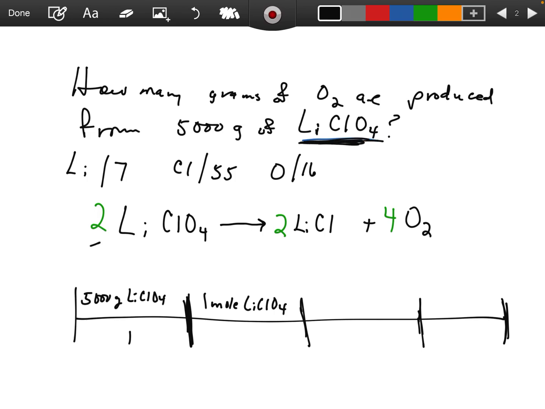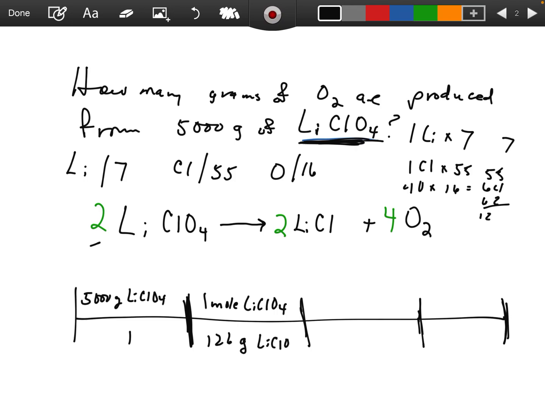So we've got 1 lithium times 7, 1 Cl times 55, and then we've got 4 oxygens times 16, that's 64, 55 and 7, that's 62, and so that's 126 grams. So 1 mole is 126 grams. A gazillion particles weighs 126 grams.